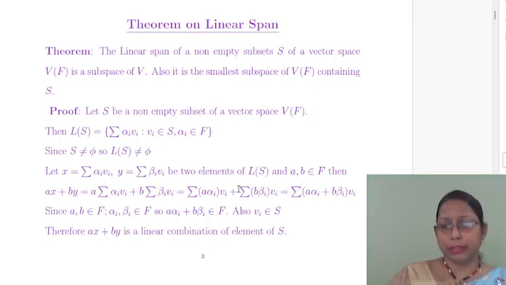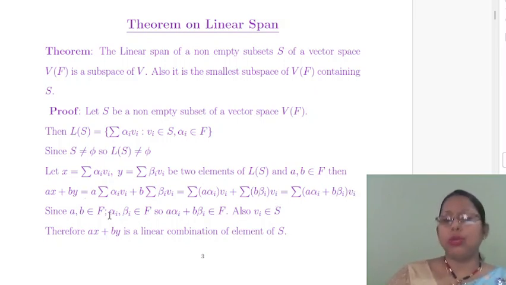That is, we are taking the summation common, then writing the elements. Here vi is common, so I am writing the remaining elements within the bracket. That is, a alpha i plus b beta i, multiplied with vi.